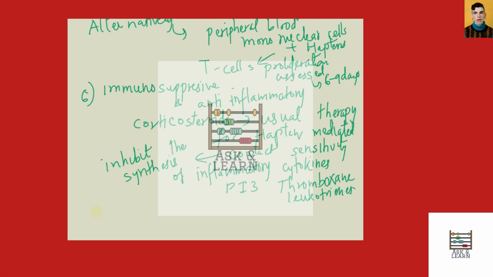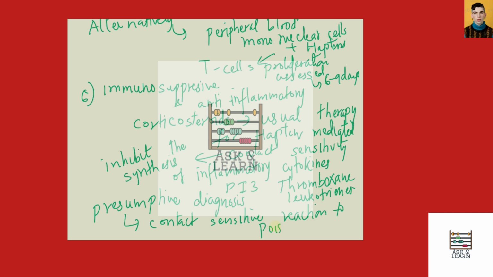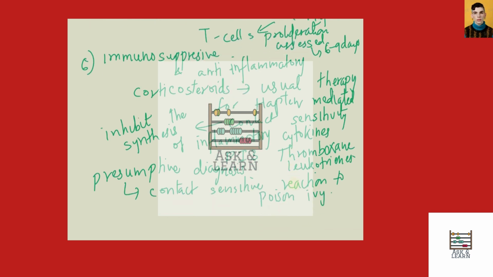And how can we diagnose it? In the case of diagnosis, the presumptive diagnosis can be a contact sensitivity reaction to poison ivy. And how are we going to treat it?